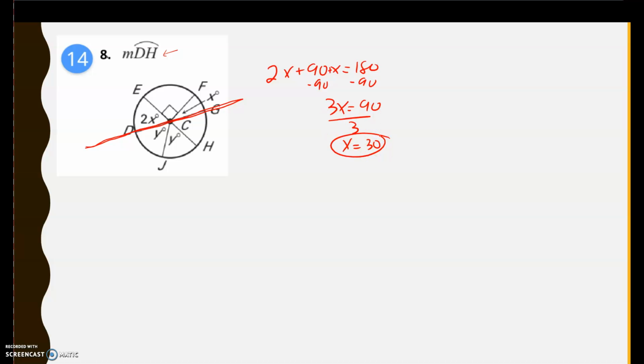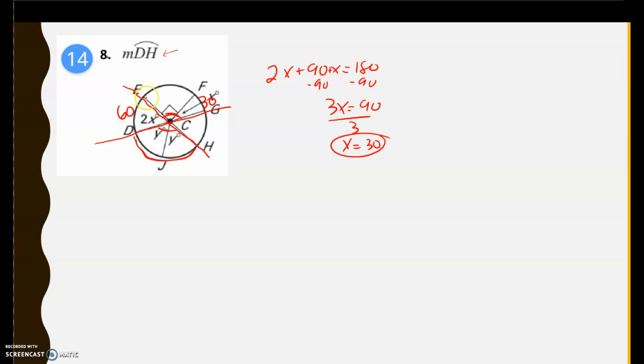So if x equals 30, I know that this guy right here is going to be 30 degrees, and the measure of arc DE is 2 times 30, which is going to give me 60. My question is asking for the value of the measure of arc DH, this guy. I do notice that my DG and my EH diameters, I can look at my vertical angles here.